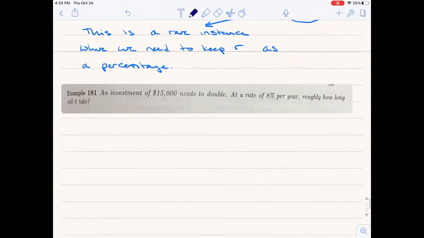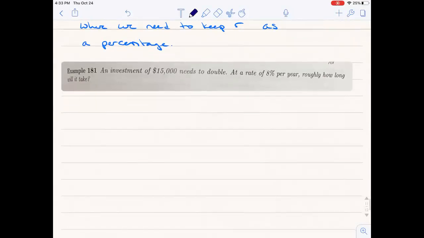An investment of $15,000 needs to double. That's actually not information that we need. It's just extra information, because with the rule of 72, it doesn't matter what amount it is. But at a rate of 8% per year, roughly how long will it take?